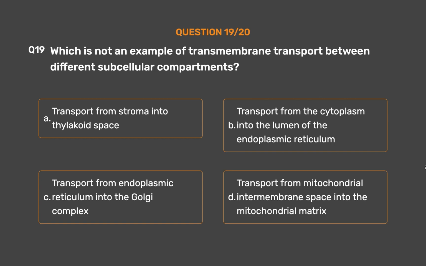Option D, transport from mitochondrial intermembrane space into the mitochondrial matrix. The correct answer is Option C, transport from endoplasmic reticulum into the Golgi complex.